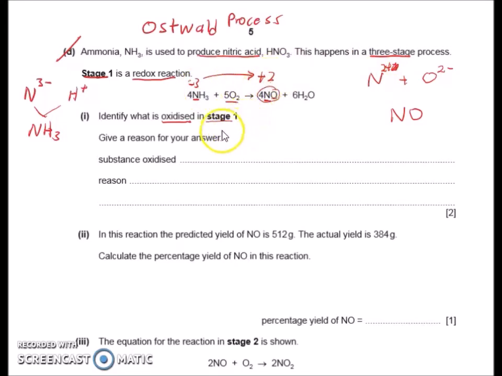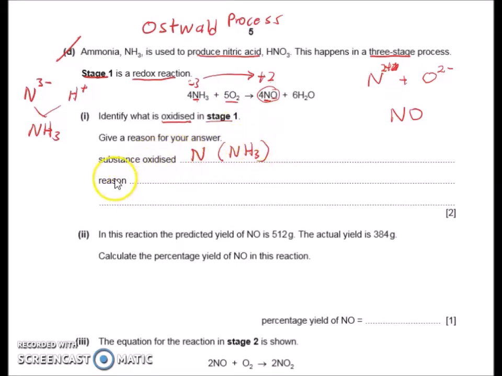Another way to look at how oxidation happens: nitrogen has added oxygen, so it is oxidized. So the substance oxidized here is N, nitrogen, or you can put more specifically nitrogen in ammonia.